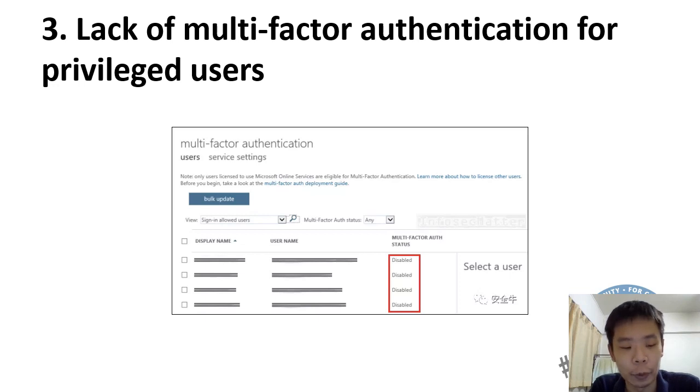It is very important to use MFA to protect these highly privileged accounts because they are very likely to be the target of adversaries. After enabling MFA, the difficulty of attack is greatly increased. It also greatly reduces the risk.